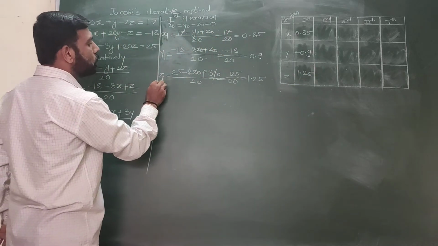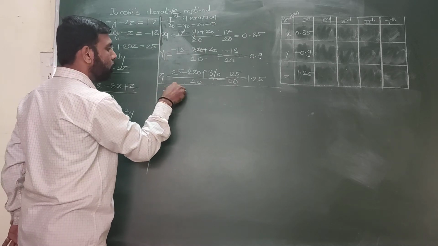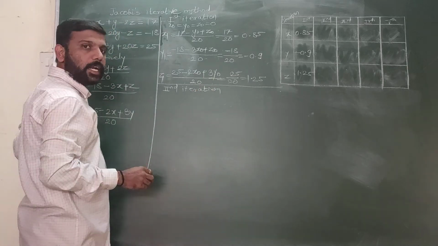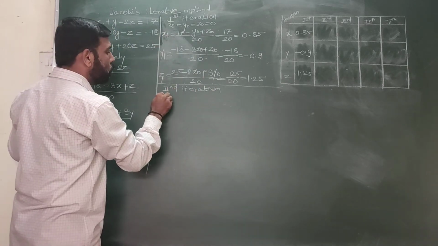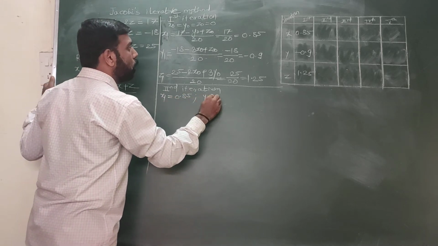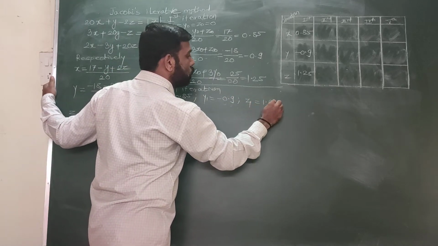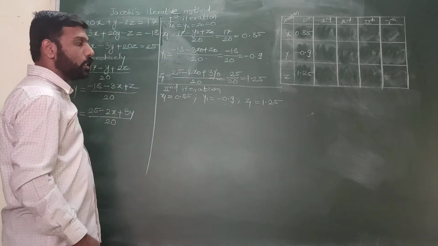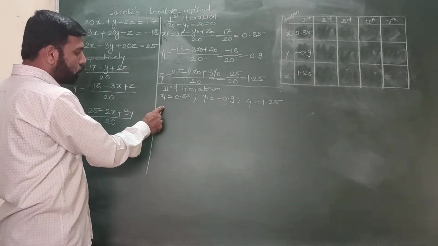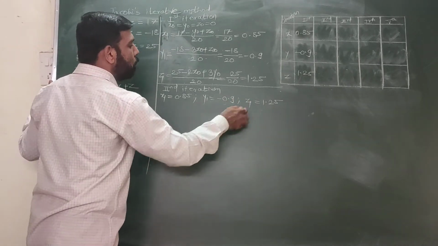Now we will calculate the second approximate values, the second iteration. In the second iteration, assume x1 equals 0.85, y1 equals minus 0.9, z1 equals 1.25. These three values are fixed for the second iteration. So in the formulas of x2, y2 and z2, wherever x, y, z occurs, we'll use these three values.